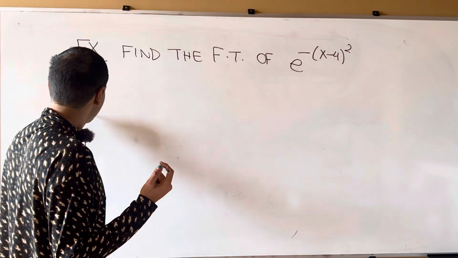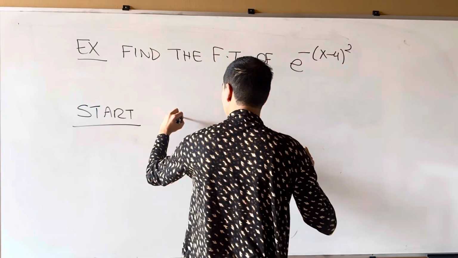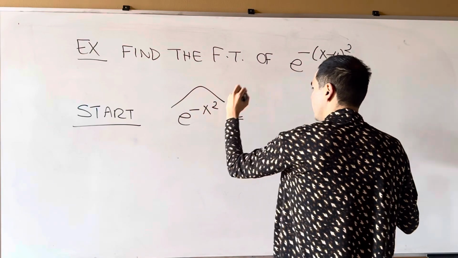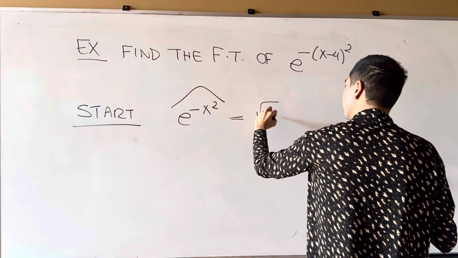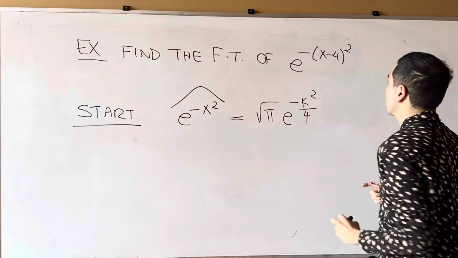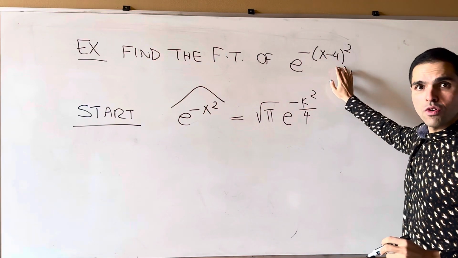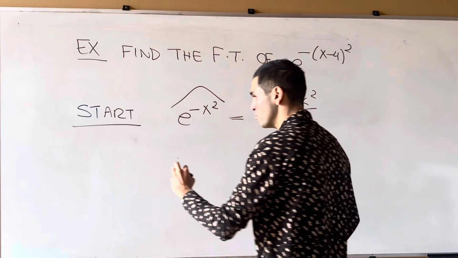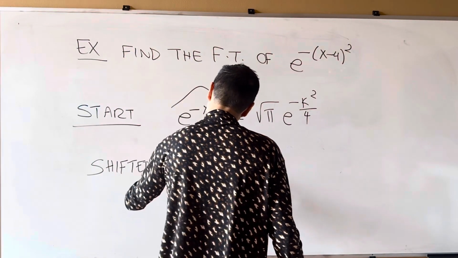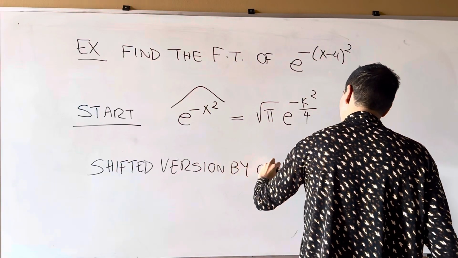So let's start with the fact that the unshifted version, e to the minus x squared, has transform square root of pi, I believe, e to the minus kappa squared over 4. And this is a shifted version by 4 units, so by a equals 4 units.